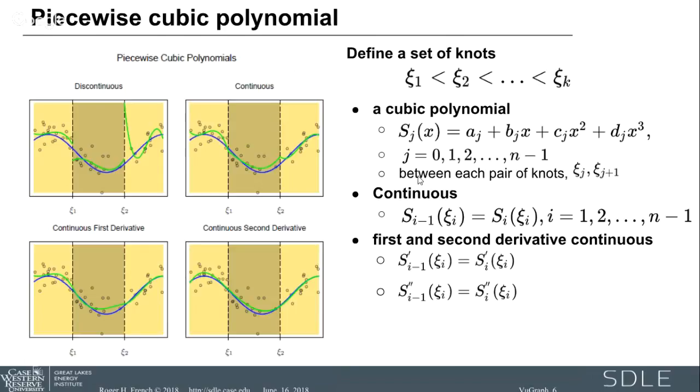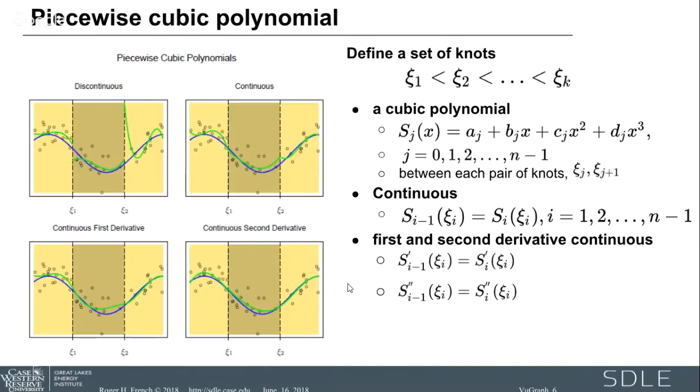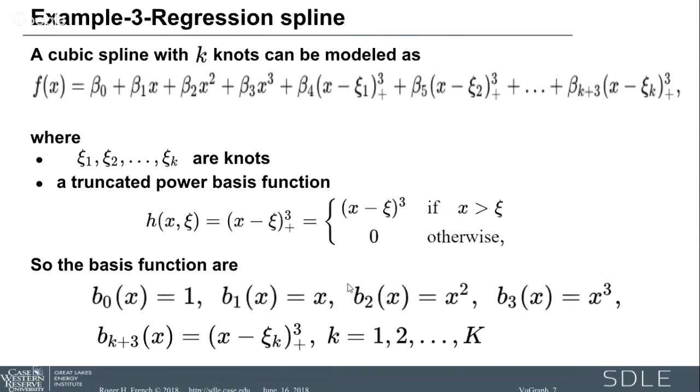For example, for continuity, the function must be equal at each breakpoint, and the first and second derivatives must also be continuous. Therefore this represents the green line, which we call the regression spline. So this is a cubic spline with K knots.